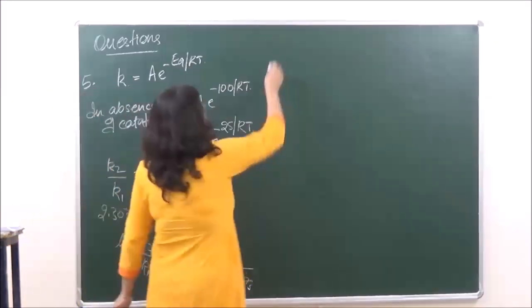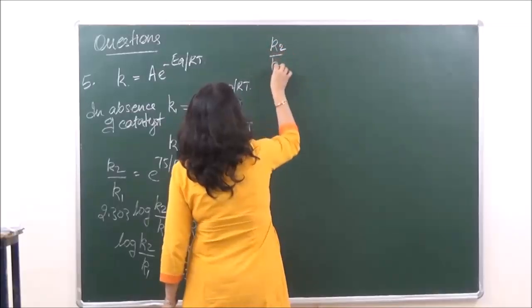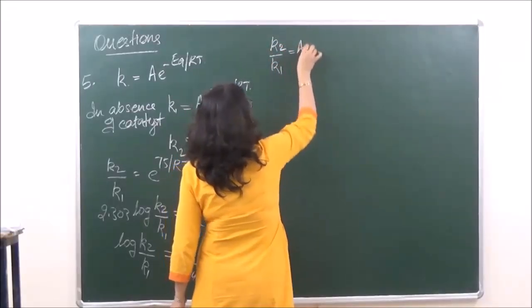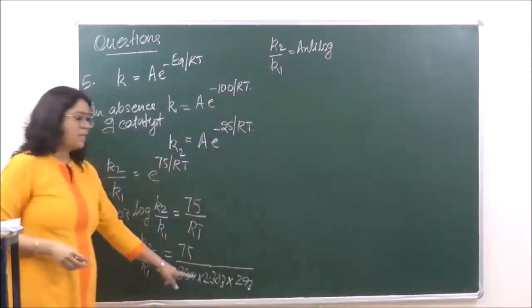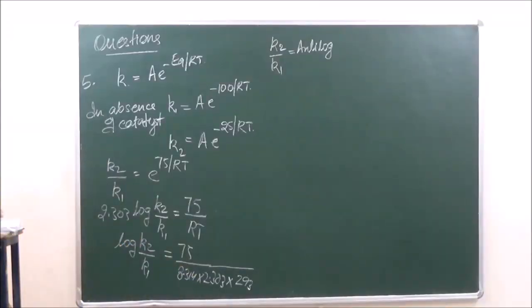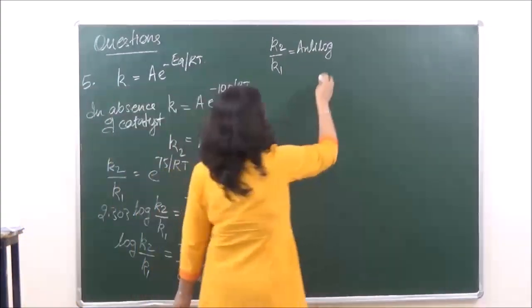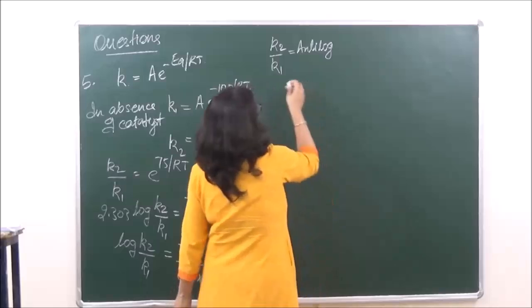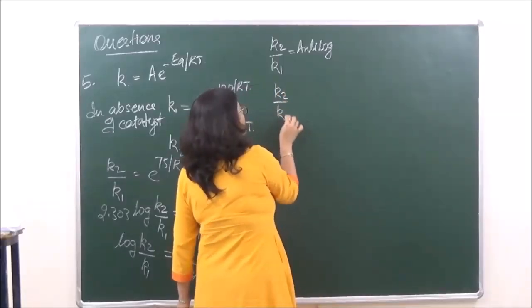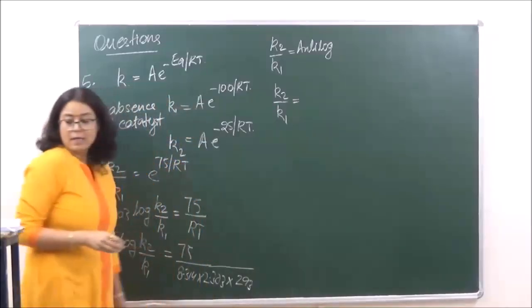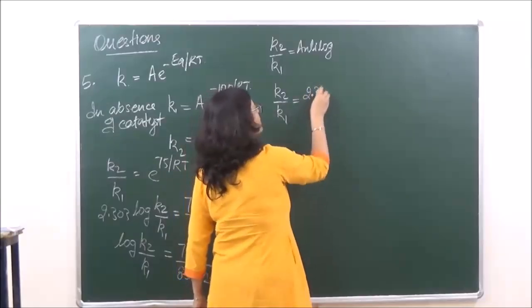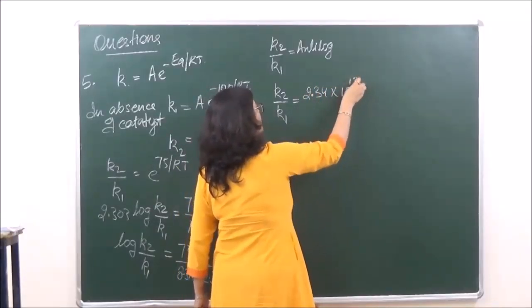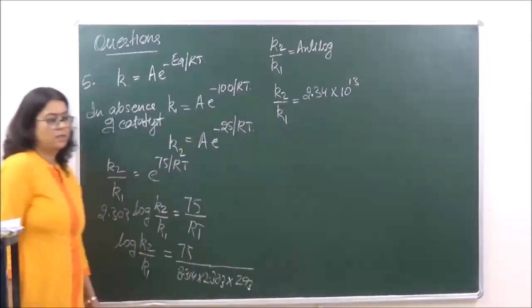Chalo, in any case, when we are talking of K2 upon K1, that will become the anti-log of this entire thing. Okay? So when we take the anti-log of whatever the solution is coming over here, we see that the value of K2 upon K1 becomes equal to 2.34 into 10 raised to power 13.